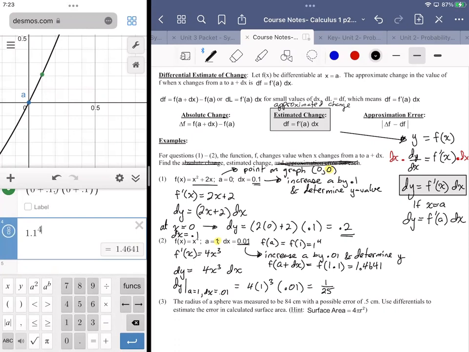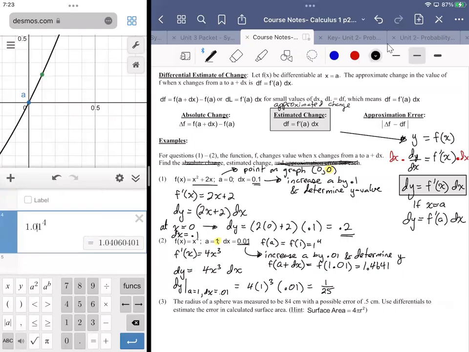But what this is telling us is the deviation between, oh, sorry, 1.01, thank you. I didn't even read the chat, but I know that's what it must be. 1.040641.